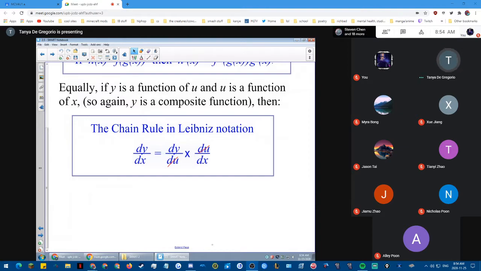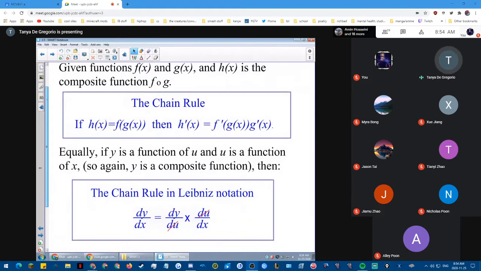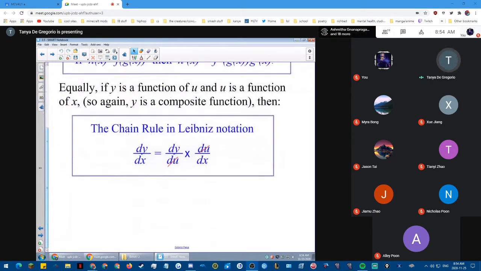dy dx is equal to the derivative of u. So why is there a u here now? Because we are introducing another function. This other function is also going to have a common variable in it. Okay? So I'm taking dy dx equals dy over du.